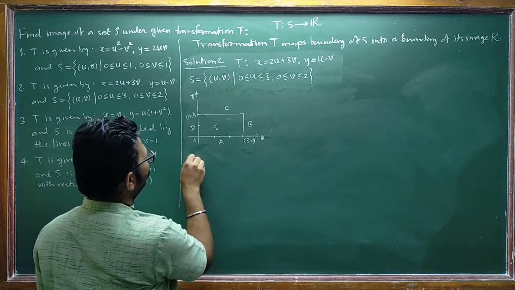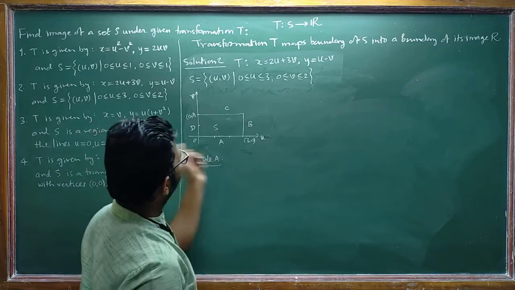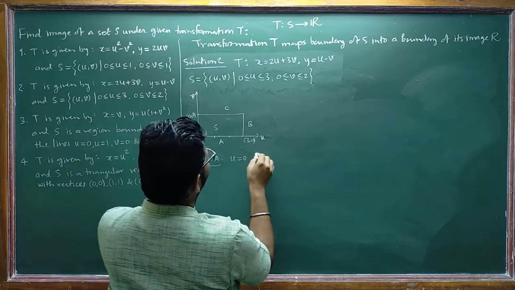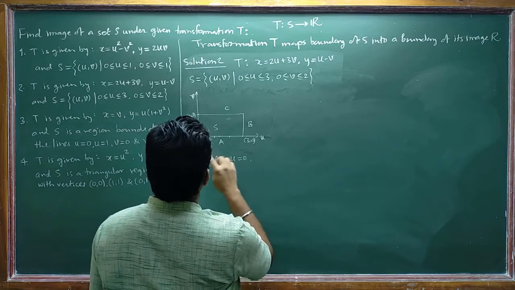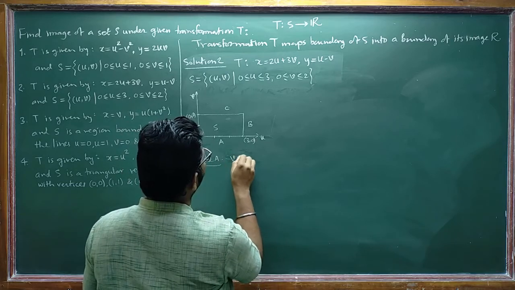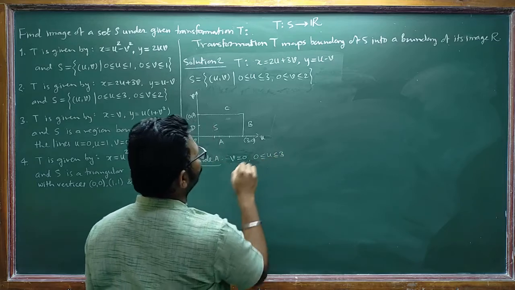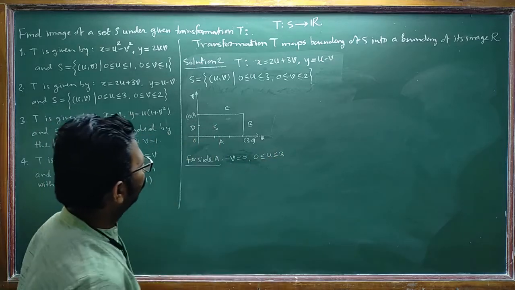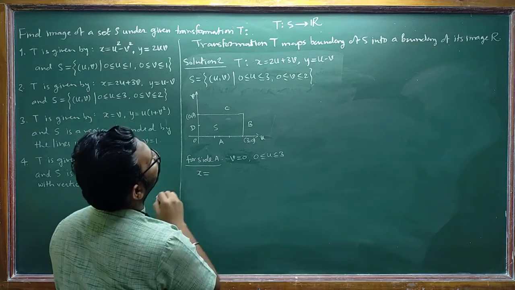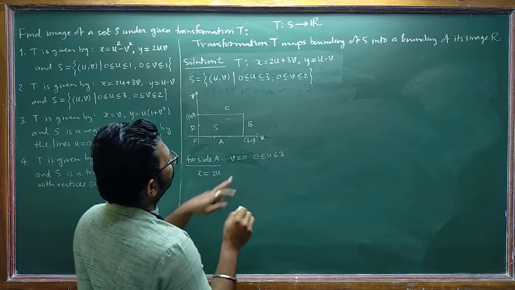Okay, so for side A, what is the equation of side A? It is v equal to 0 and u varies from 0 to 3. So this is the equation of side A. So what happens to x and y? X is 2 times u plus 3 times v.